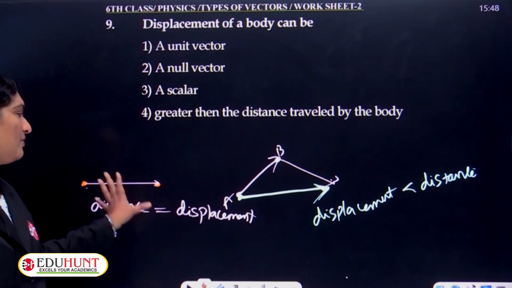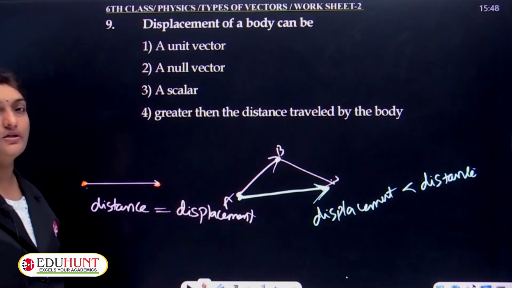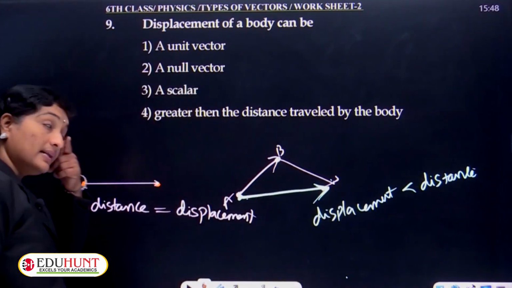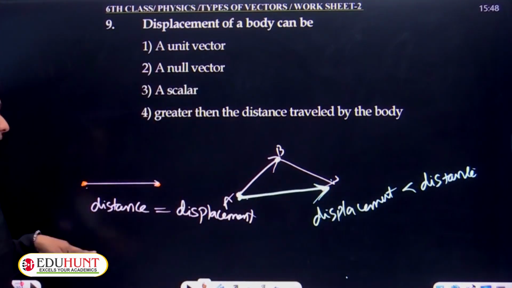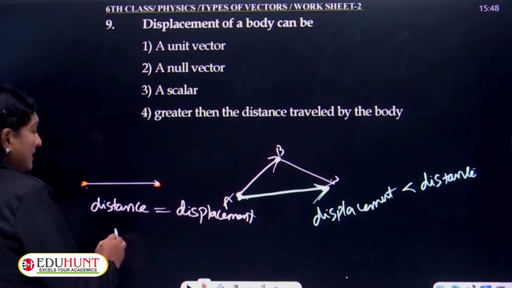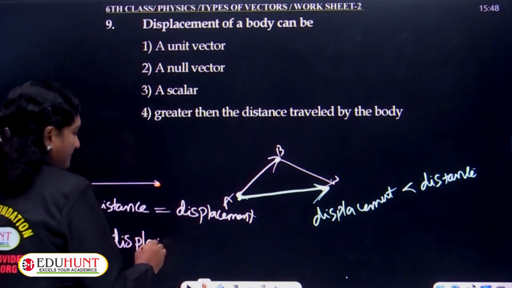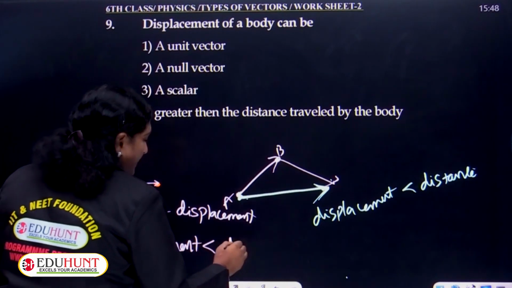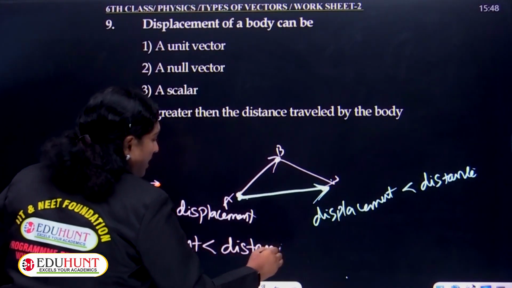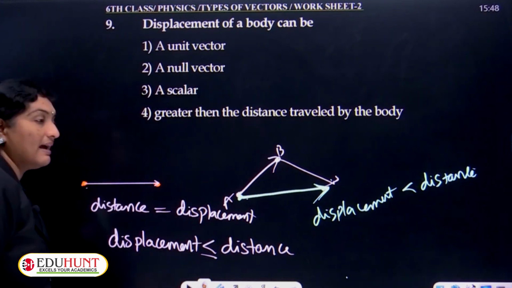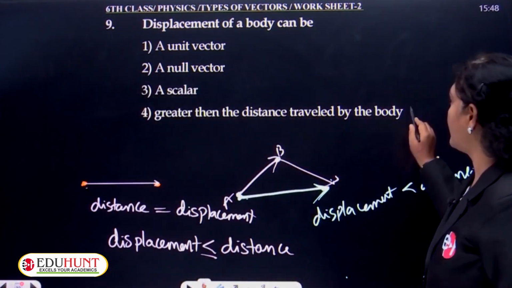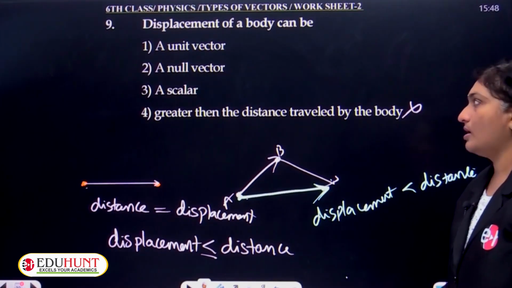In this example, we clearly see that distance is equal to displacement, and in this example, we see that displacement is less than distance. So, displacement can be less than or equal to distance, but never greater than the distance.